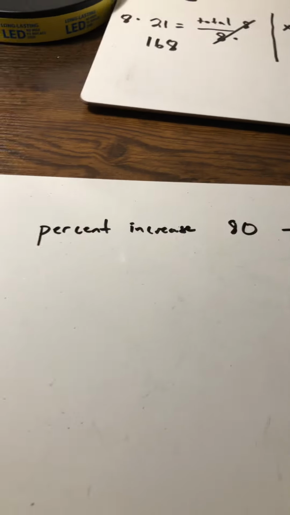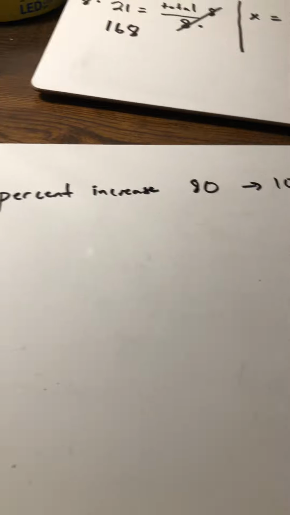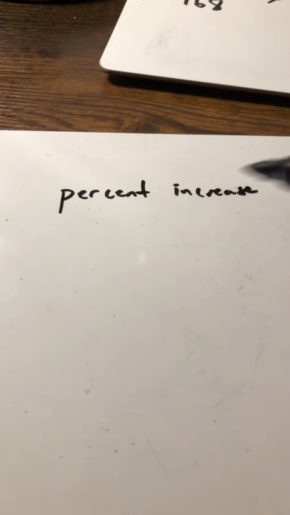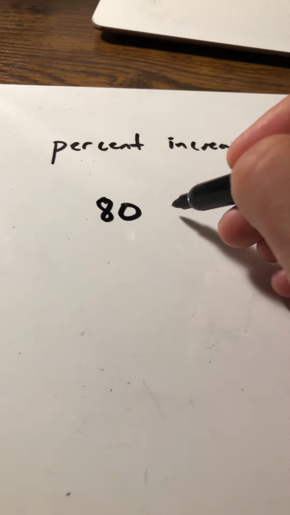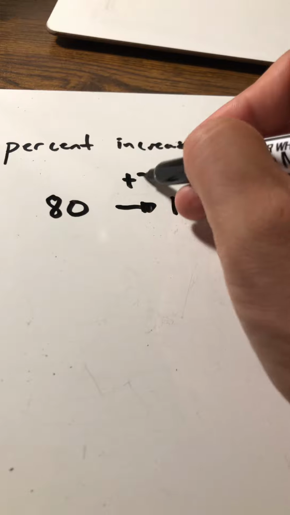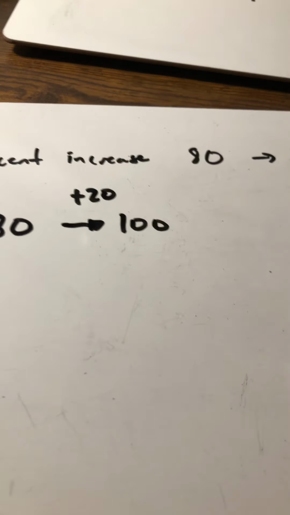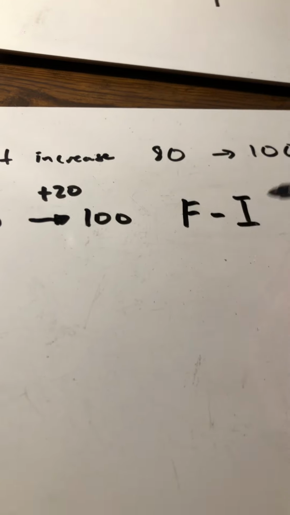What is the percent increase from 80 to 100? We start at 80, and the change from 80 to 100 is going to be plus 20. The way you find the change is to do the final minus the initial.